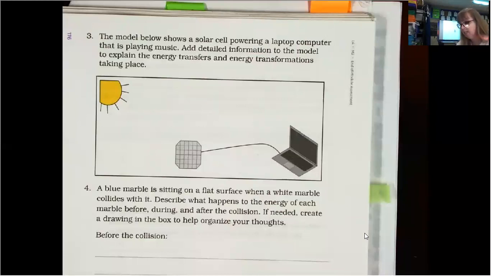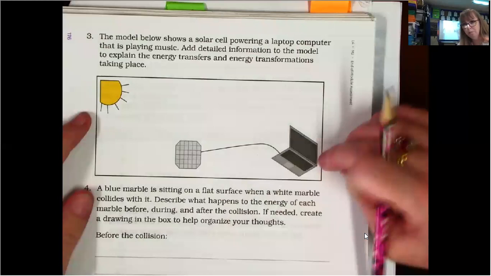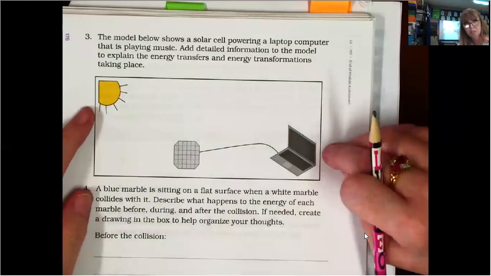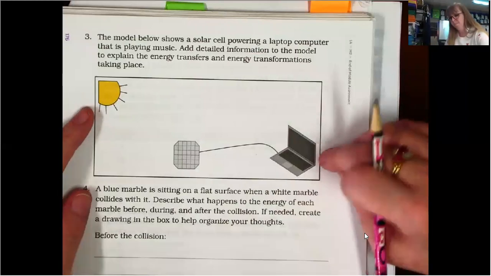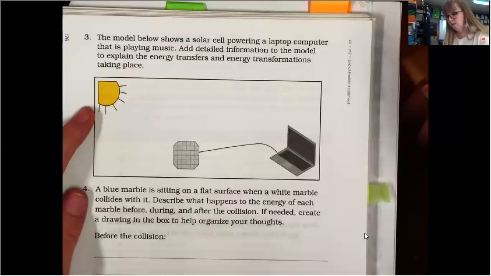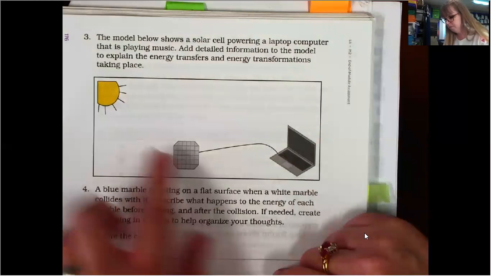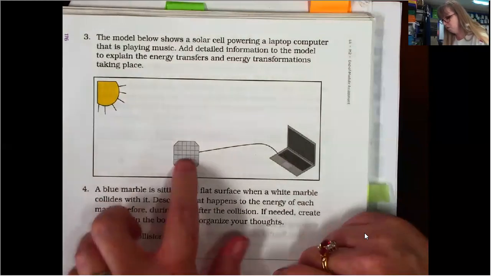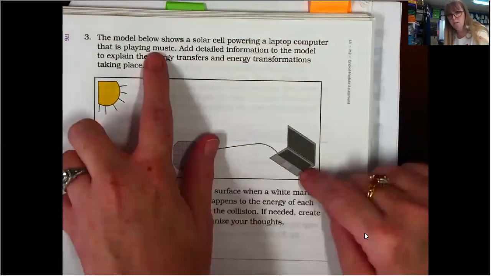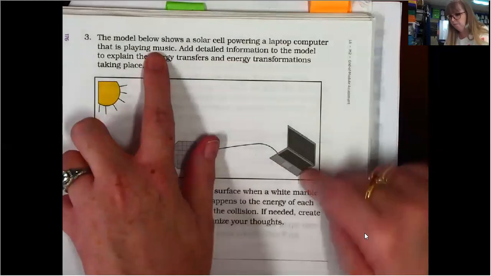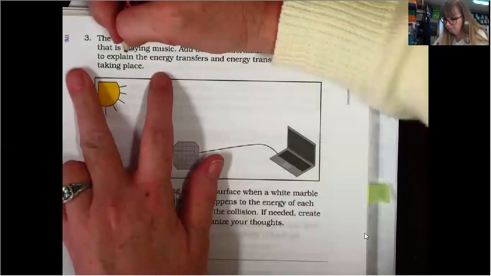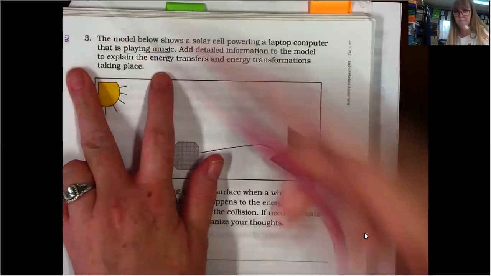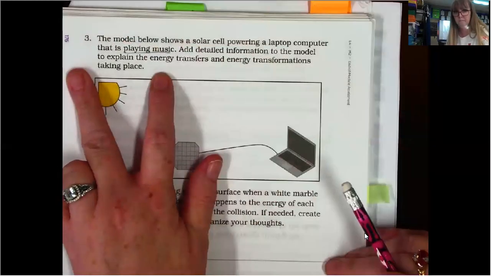This is as close to the windmill model that we have spent since November doing as you're going to get, guys. So sun powering the solar cell powering the computer that is playing music. If you need to, underline it.